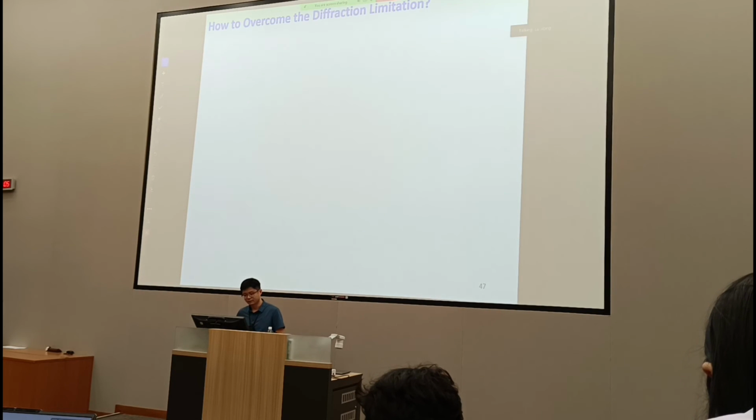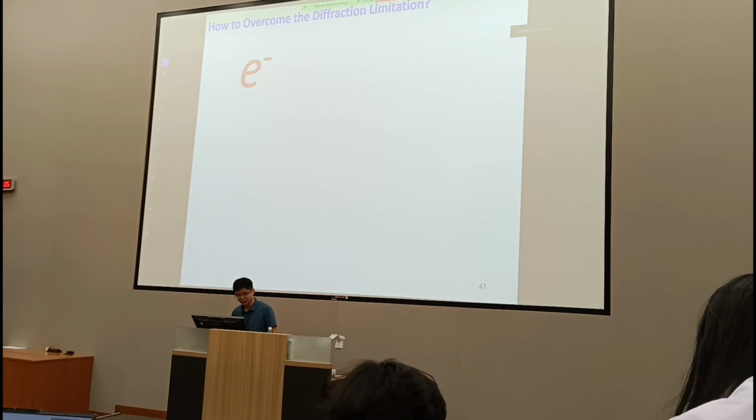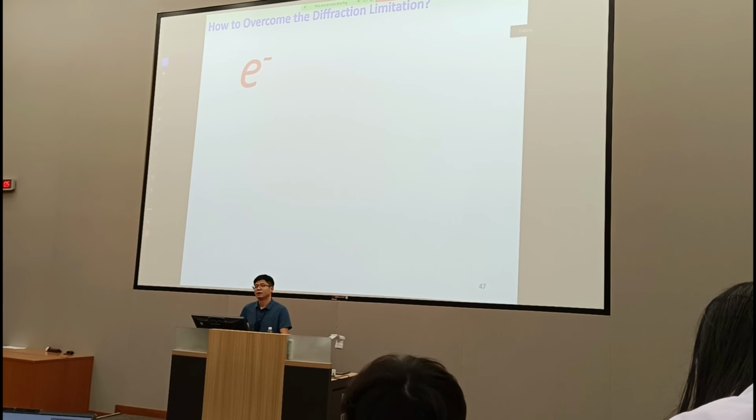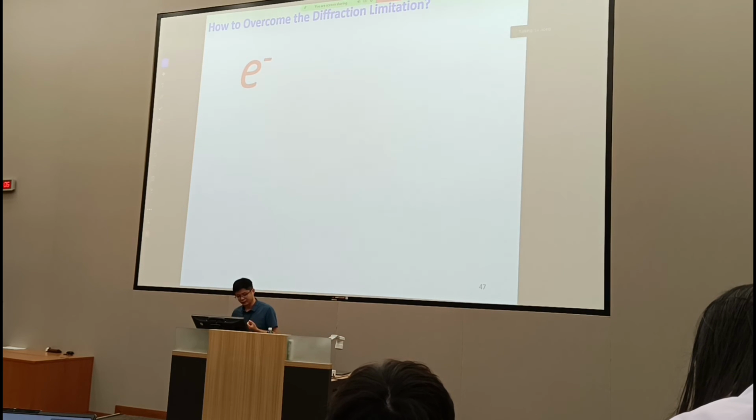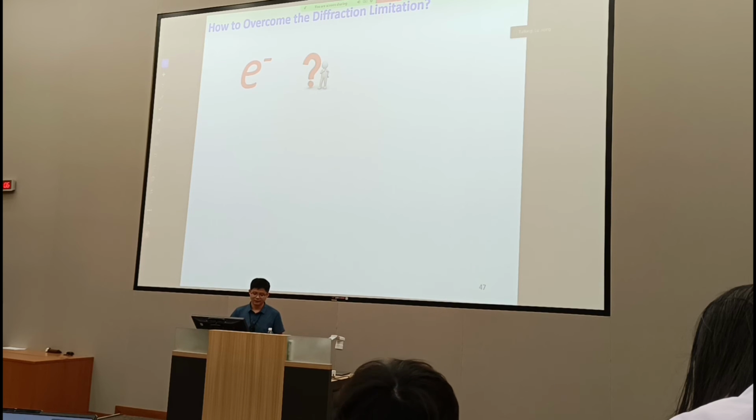Instead, we can overcome this diffraction limit by using electrons. Electrons are much nicer than photons. Photons can be considered waves. Electrons also have wave-particle duality, so you also have electron waves. But the electron wavelength depends on its energy. The good thing is that the wavelength of electrons can be tuned by changing their kinetic energy.